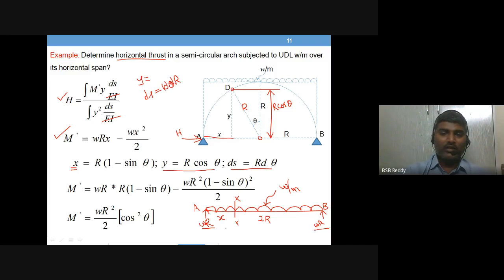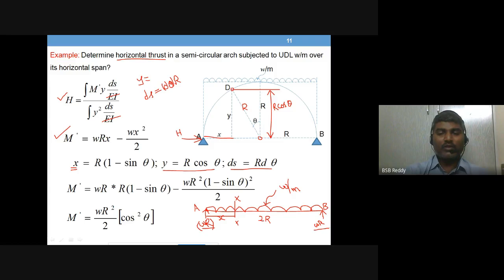Okay, right. Now you write the moment Mx. If you see, so moment from reaction W into R is equal to load into the span. Okay, so what is the reaction W into R, and what is the distance x? So you are writing moments at this section.